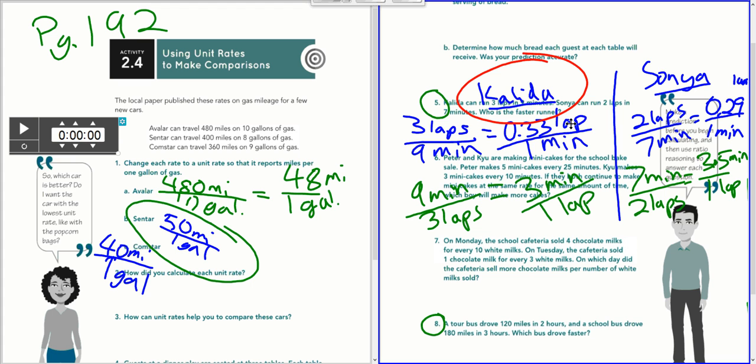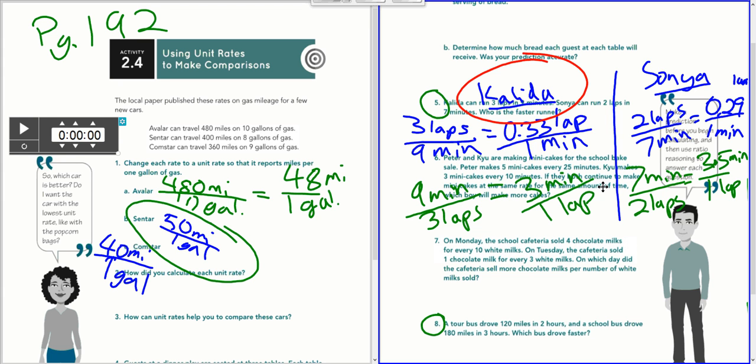In this situation, we get a different looking number, but we're going to get the same answer either way. Here we get 0.333 laps in 1 minute, meaning she can run about a third of a lap in a minute. Sonia, on the other hand, can't quite run a third of a lap in a minute. So who's running faster? Well, it would be Kalita, because she runs further in the same amount of time.